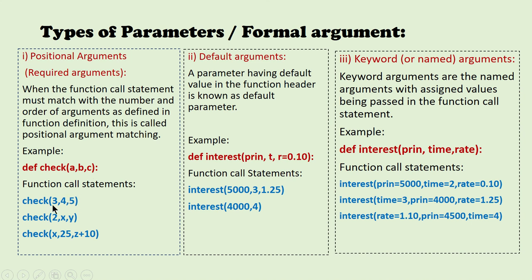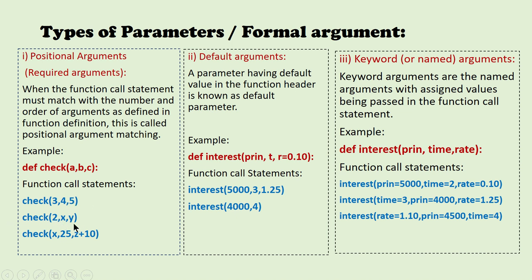That is the first position: whatever value is given to the first variable, that is positional arguments. The second argument is given to the second parameter, and the third argument is given to the third parameter. For this particular function header, you can write the function call statement like this: check(2, x, y).